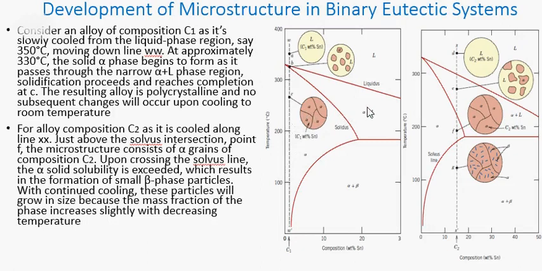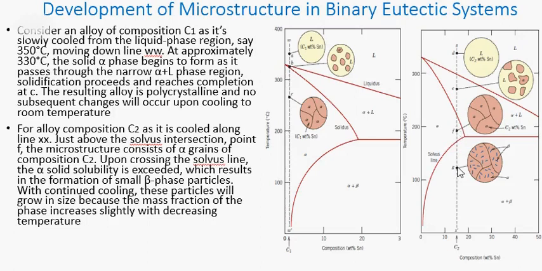When you move rightwards a little bit, from liquid, from point D, as you go down vertically, at E the solid begins to form, and as you go down vertically at F, all liquid has completely transformed into the solid alpha.